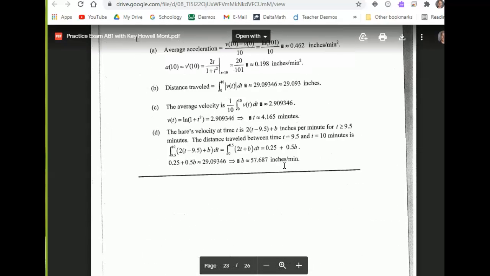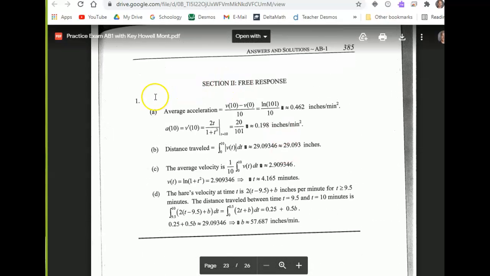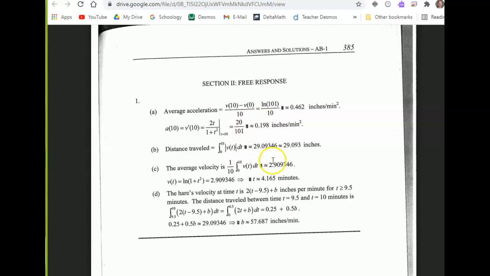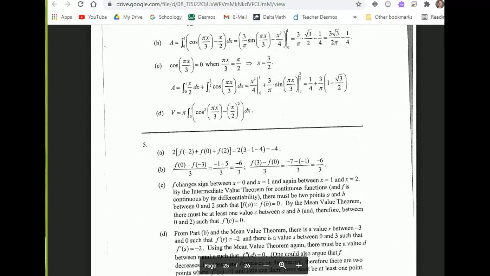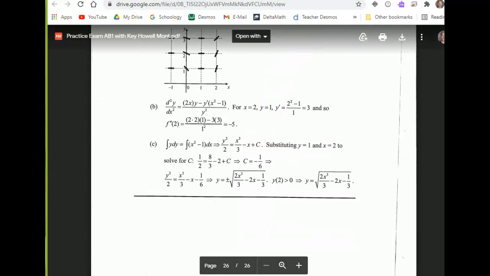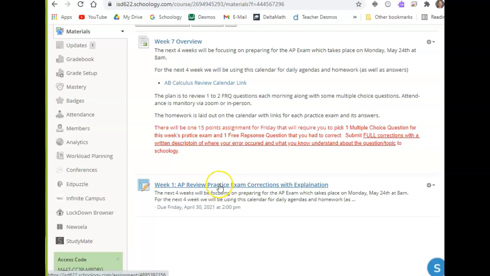And is this free response now? Here's the free response. All the answers for the free response, full worked out solutions. Okay? So what are you going to do then? On Friday, you're going to click on this, and you're going to submit a picture of one multiple choice problem that is corrected with a quick explanation of what did you do, why did you get it wrong, and what do you now know.